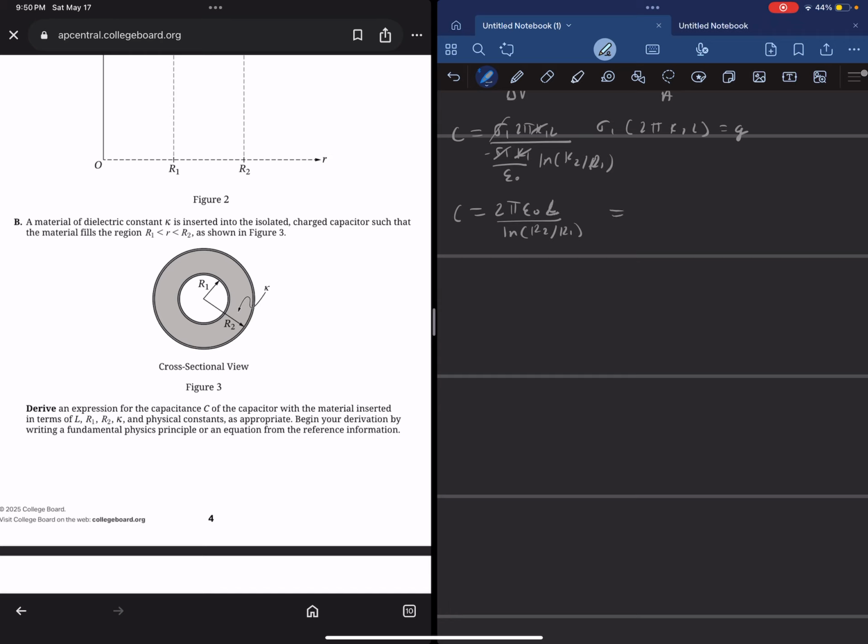So your final capacitance is 2 pi epsilon sub 0 L kappa over natural log R2 over R1. I think this is very obvious, and you can recheck this if you memorize the equation for the capacitance. It's just 2 pi times epsilon sub 0 H over natural log B over A. And it matches that, so you know you're fine.